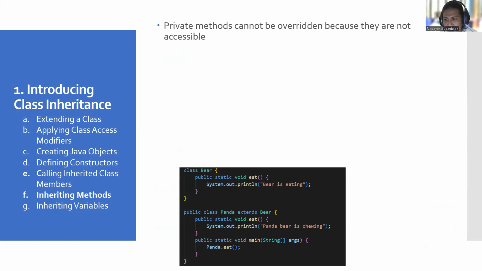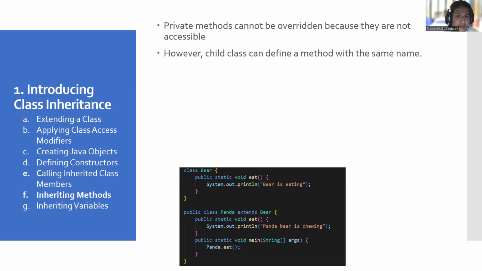Private methods, again, cannot be overridden because they are not accessible. However, your child class can redefine a method with the same name. So this ignores the private method of the superclass or parent class. And when you call it from the child class, it will call the child's private method instead, even if it is the same name.